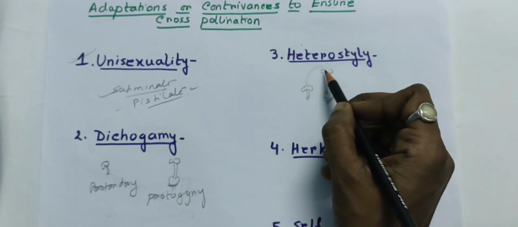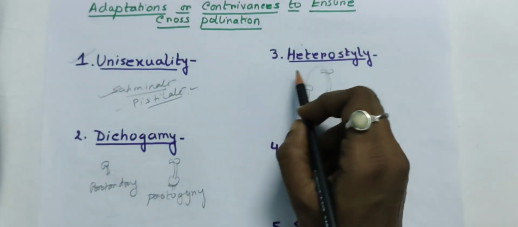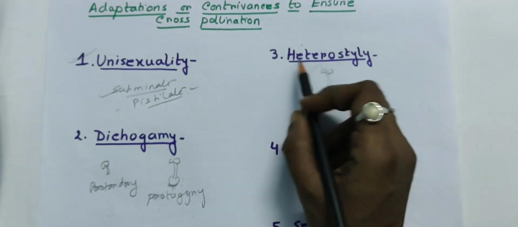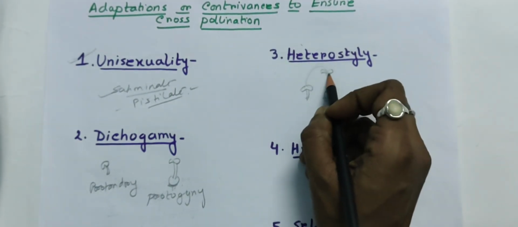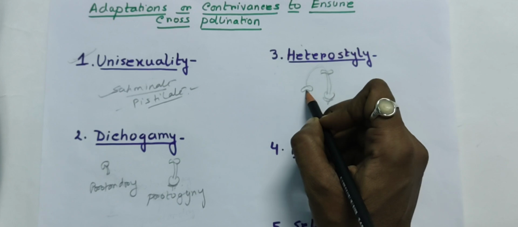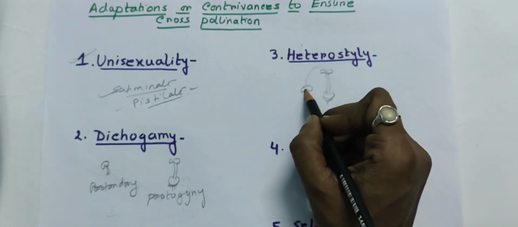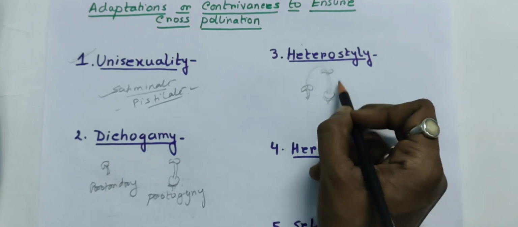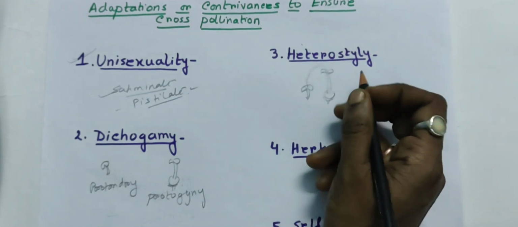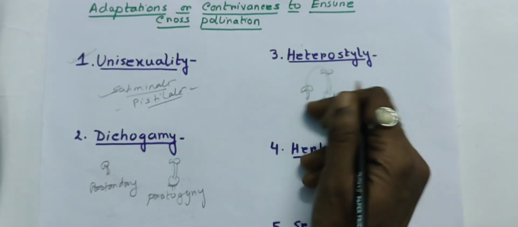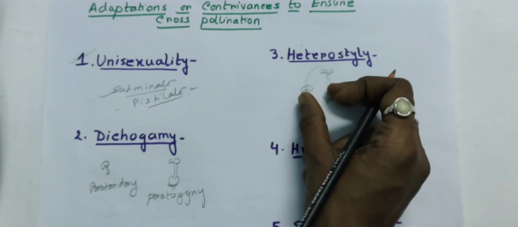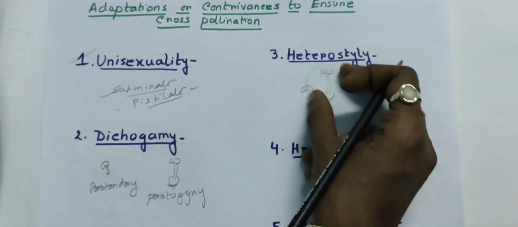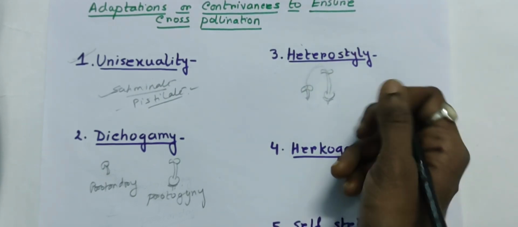That's why the stigma depends on another flower for its pollen grain, and that anther sheds its pollen grain to another flower. So here cross pollination is happening. They are bisexual, but due to the dissimilarity in length, they are supposed to do cross pollination.